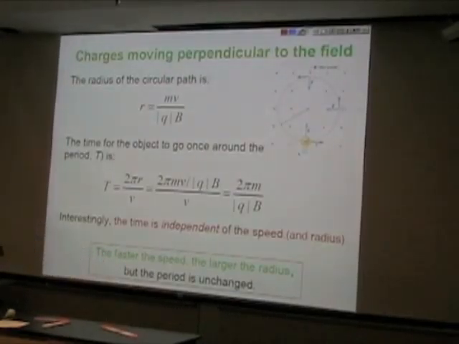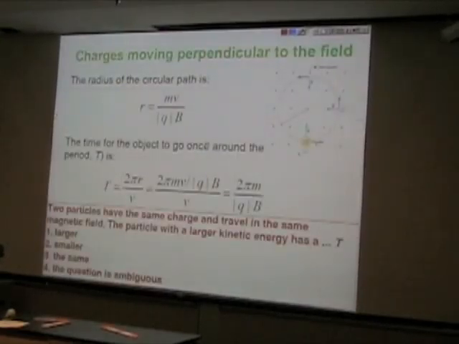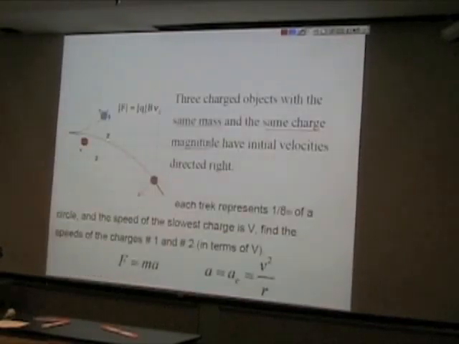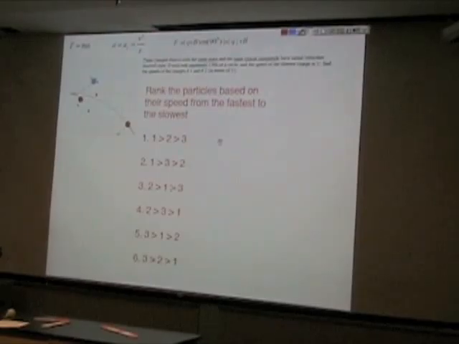And there is a similar question related to kinetic energy. Well, in that case, you will have to apply an additional equation. Here, what is happening? We are ranking these 3 particles in terms of speeds. Well, we just said when particles have the same mass and charge, radius is directly related to speed, larger radius, faster particle.